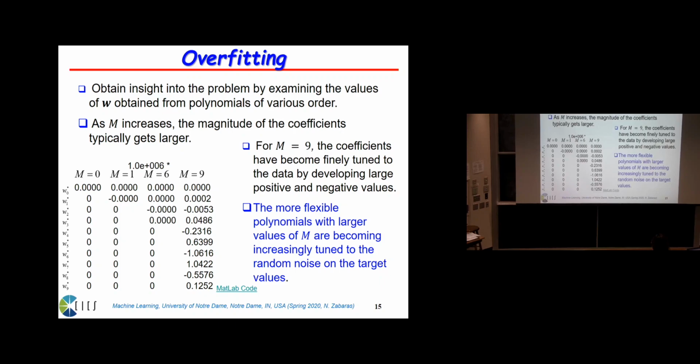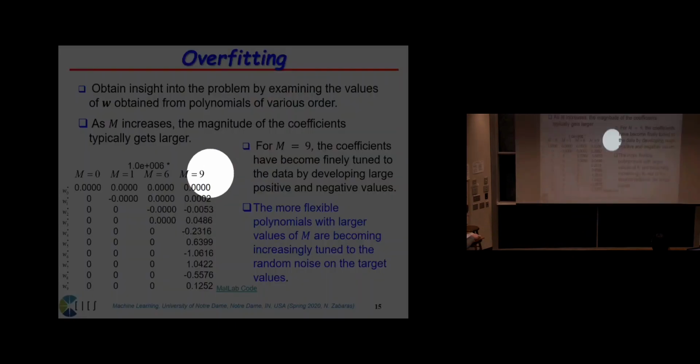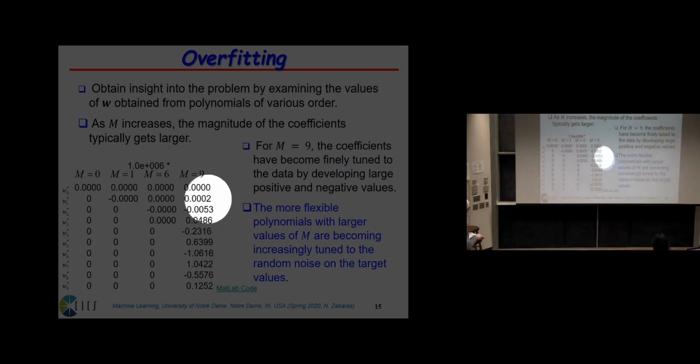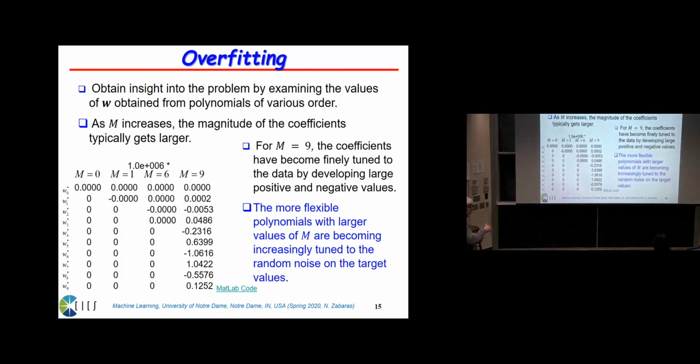Something interesting, and by the way, I know lots of you read the slides. Don't just read; play with the computer programs. You semi-understand what's going on, but if you actually run this computer program, assuming that it runs, you will realize that for m equal to 9, the coefficients that you get are very big. As a matter of fact, they're plus-minus big numbers. And you notice the polynomial of order m equal to 9 is oscillatory.